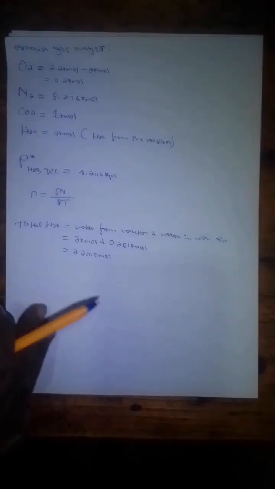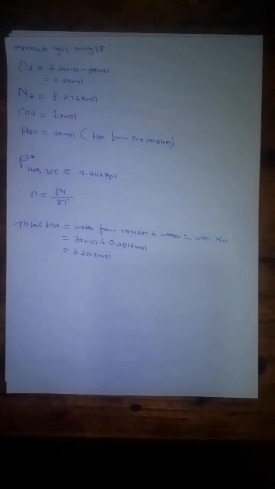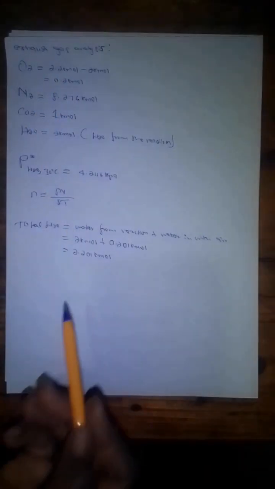So that was the first part of this question. There's another part that I'm going to be doing now, but we have answered this. We have proved that this is the exhaust gas analysis.